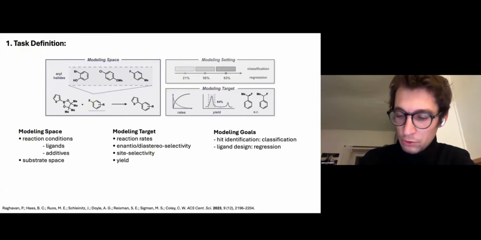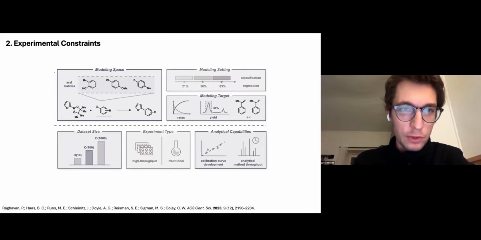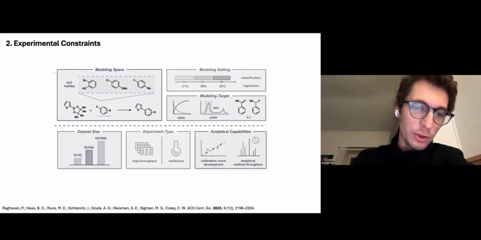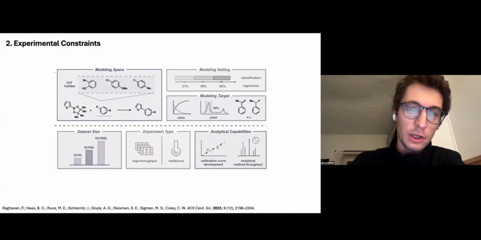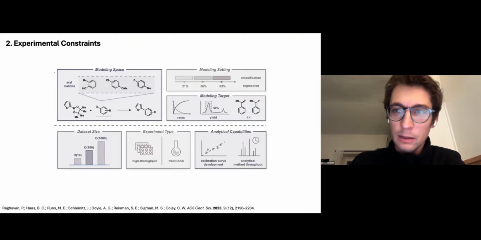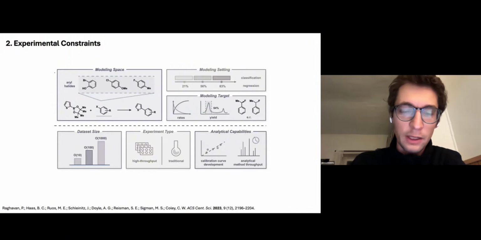And once you define clearly what you want to do, you have to put that into regard to experimental constraints. The first thing I think that is important is how many experiments you're going to do. And that will tell you a little bit about how many dimensions of your modeling space you can screen.